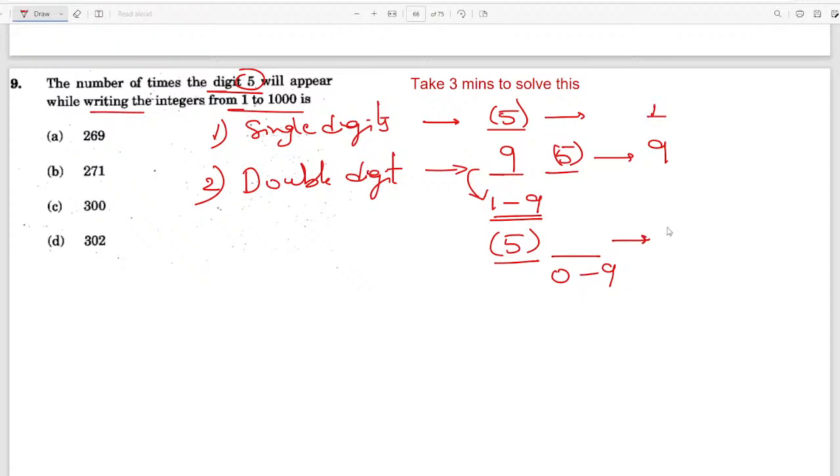So this will be 10. This is for 2 digit numbers. So 2 digit numbers would be 19. And in single digit numbers, 5 will come once. Now we'll see 3 digit numbers.